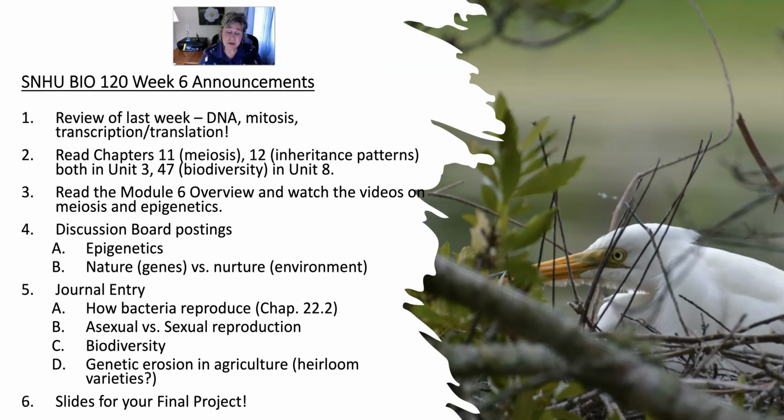We learned about transcription and translation, and this is actually the job of DNA, to take the information in genes, which are segments of DNA, and turn those into proteins that the cells need in order to do all the biochemistry that's going on. Those proteins are called enzymes.